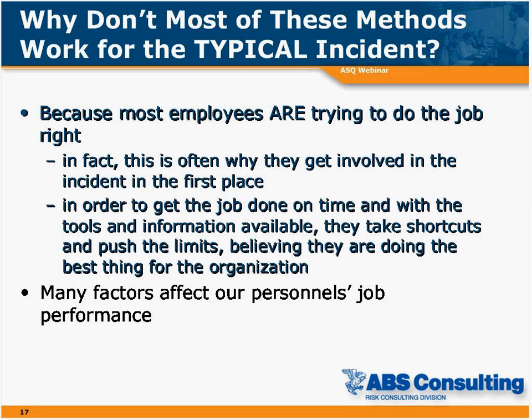So in order to get it done on time and within the tools and information available, they take shortcuts and push the limits, believing they're doing the best thing for the organization. Your employees do not come to work saying, "I'll do a bad job today." That's just not the case. Your employees are trying to do the right job, the best that they can for you. And sometimes they do take shortcuts, and we need to understand and control those situations.